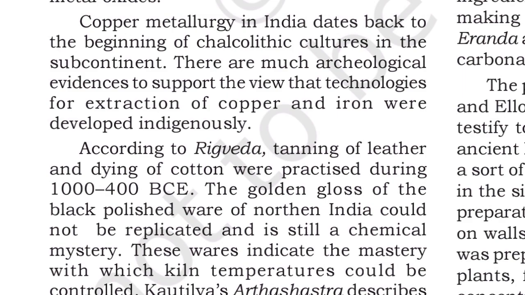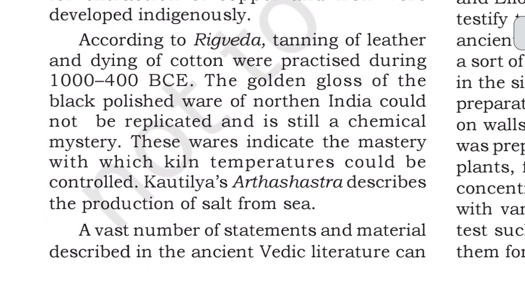Copper metallurgy in India dates back to the beginning of Chalcolithic cultures in the subcontinent. There are many archaeological evidences to support the view that technologies for extraction of copper and iron were developed indigenously. According to Rig Veda, tanning of leather and dyeing of cotton were practiced during 1000 to 400 BCE.